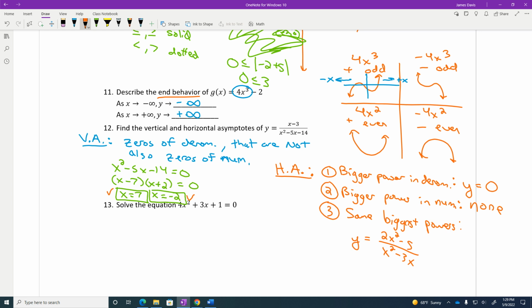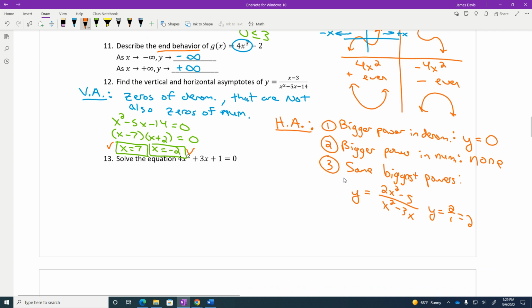So we have the same biggest powers there, right? In this case, we take what's called the ratio of the leading coefficients. So the horizontal asymptote will be at y equals 2 over 1 equals 2. So the rule there is y equals the ratio of the leading coefficients. So those are the 3 rules there.